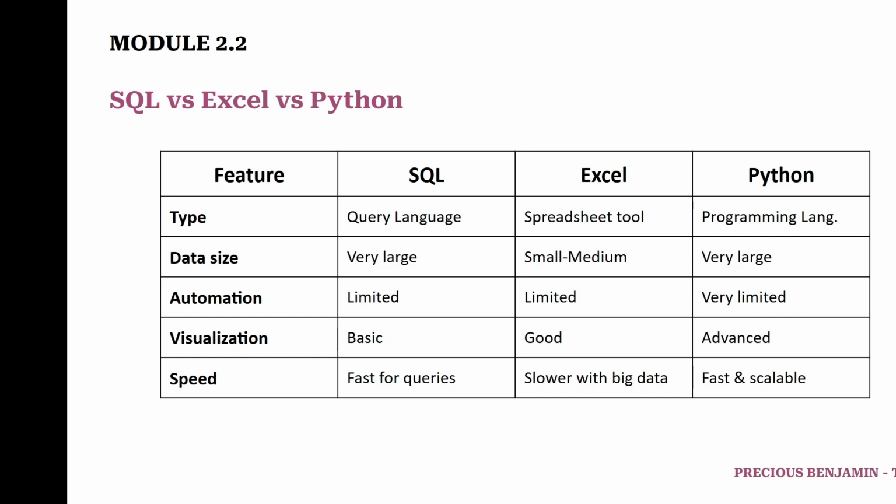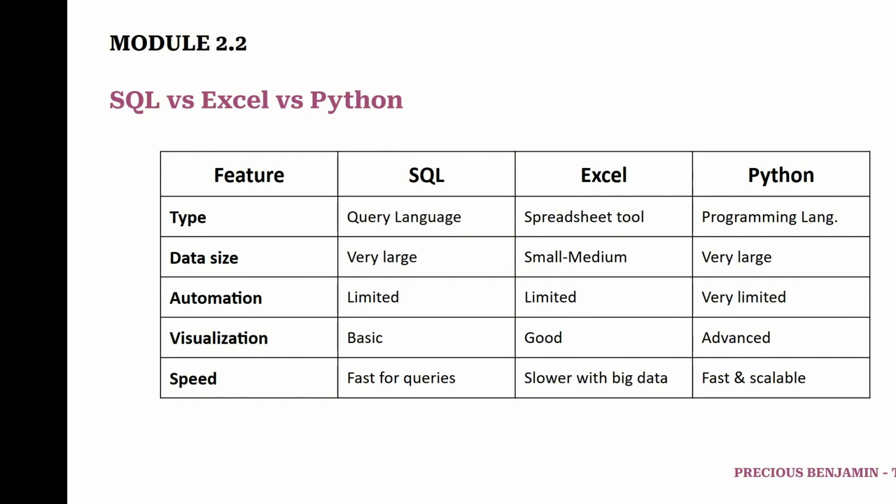Now, let's talk about automation. Automation simply means a process of limiting human interference in a task or a process. When you're automating a task, you're trying to eliminate human interference, you're trying to eliminate human error. So, you're trying to make the process work without someone having to make it work directly.